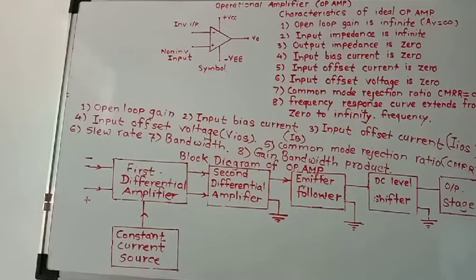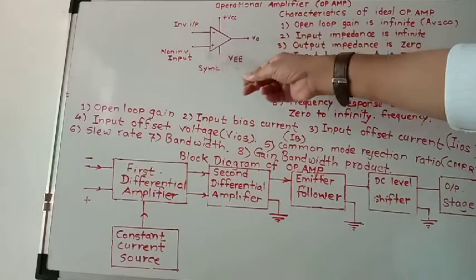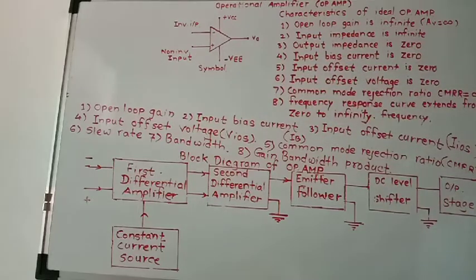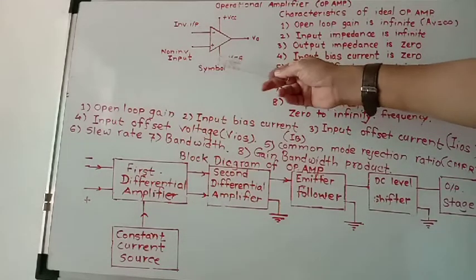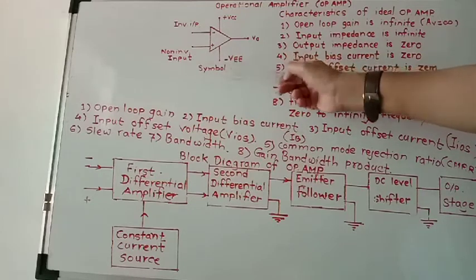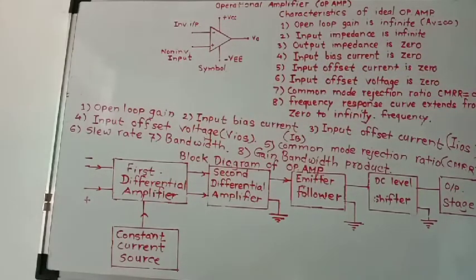Even if the input voltage is 0, the output is not 0; it will be some millivolts. So this output voltage should be reduced to 0 by connecting a potentiometer between pin number 1 and pin number 5, that is, between the offset terminals.